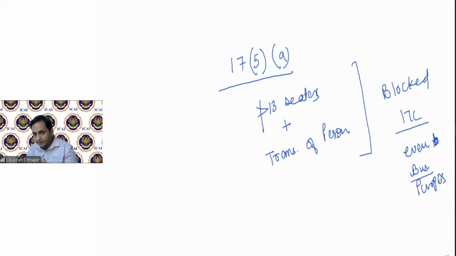Repeating once again, section 17, subsection 5, clause A says, if the motor vehicle is up to 13-seater, including driver, for transportation of persons, then it is covered in the block category, irrespective of whether it is being used for business purpose or not.